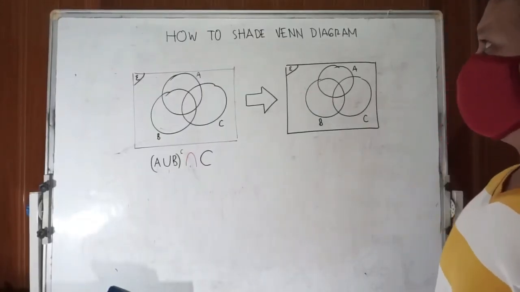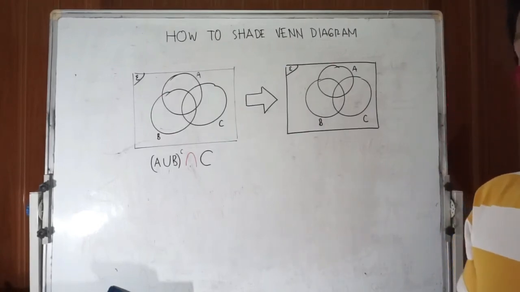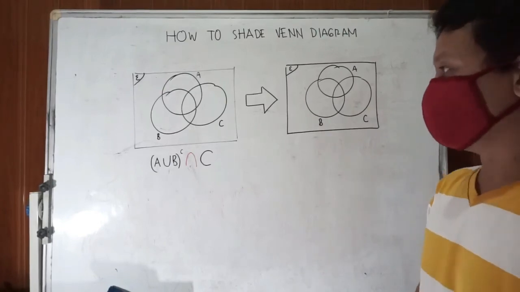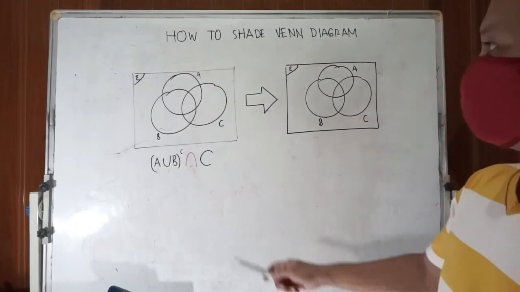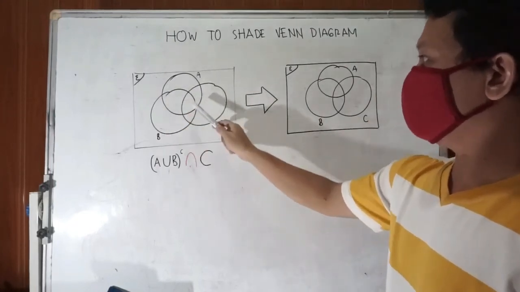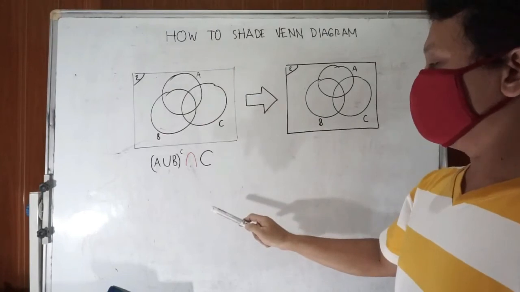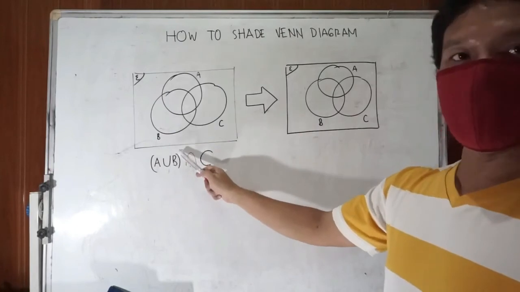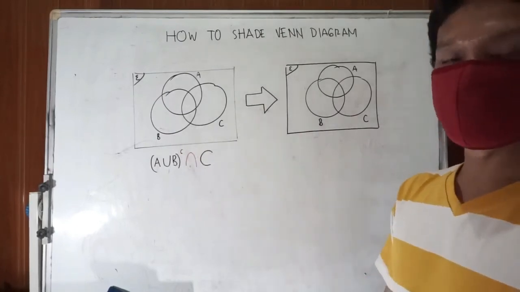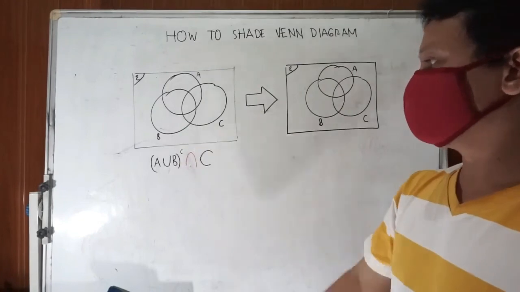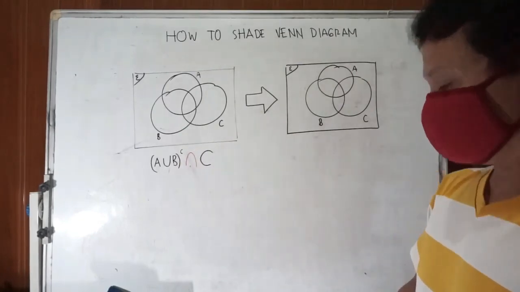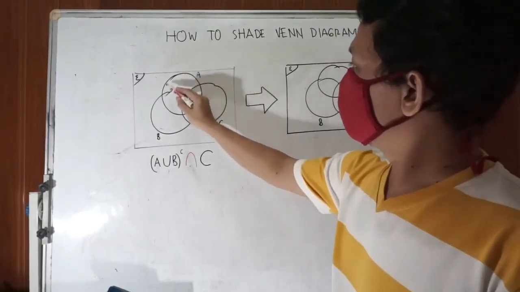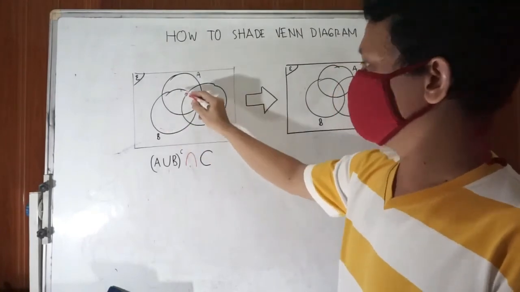Okay, I want to give you more examples of how to solve a Venn diagram. Look at the Venn diagram on my whiteboard. This one is set A, this one set B, and this one set C. Now we are going to find A union B complement intersection C. A union B is this one. This one A, this one B, right?